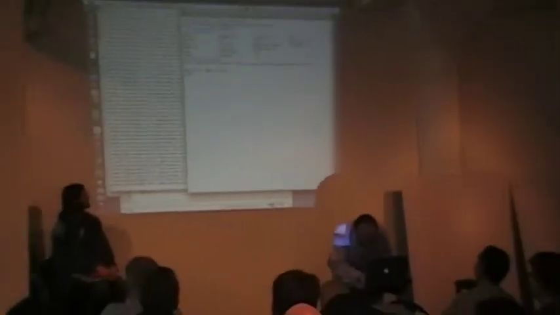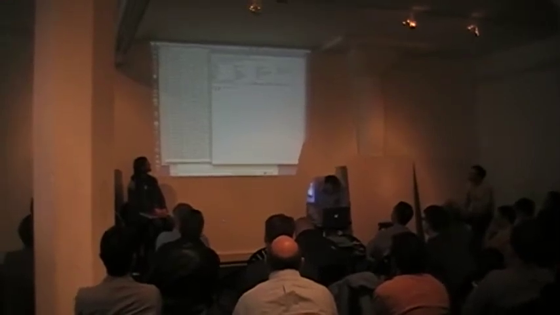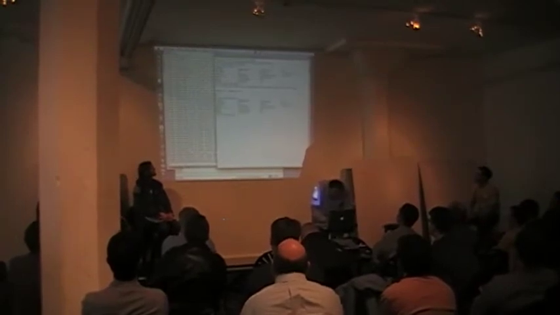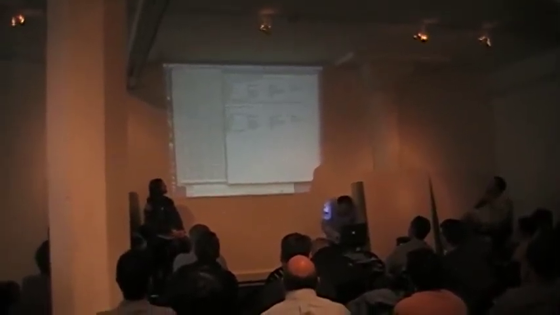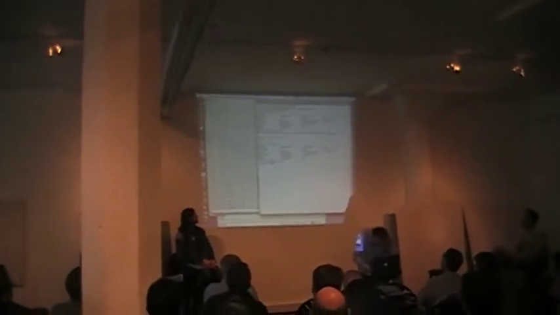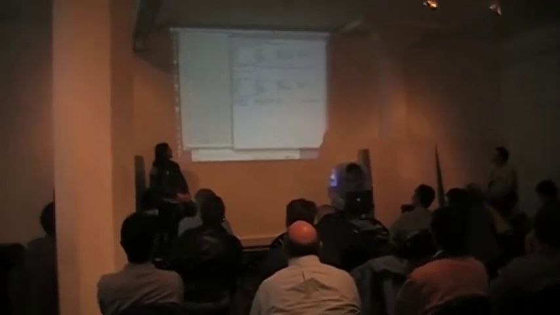I think if I can find what I hope is the window. No harm in. Oh, there. If you could make the font bigger too, that'd be really helpful.